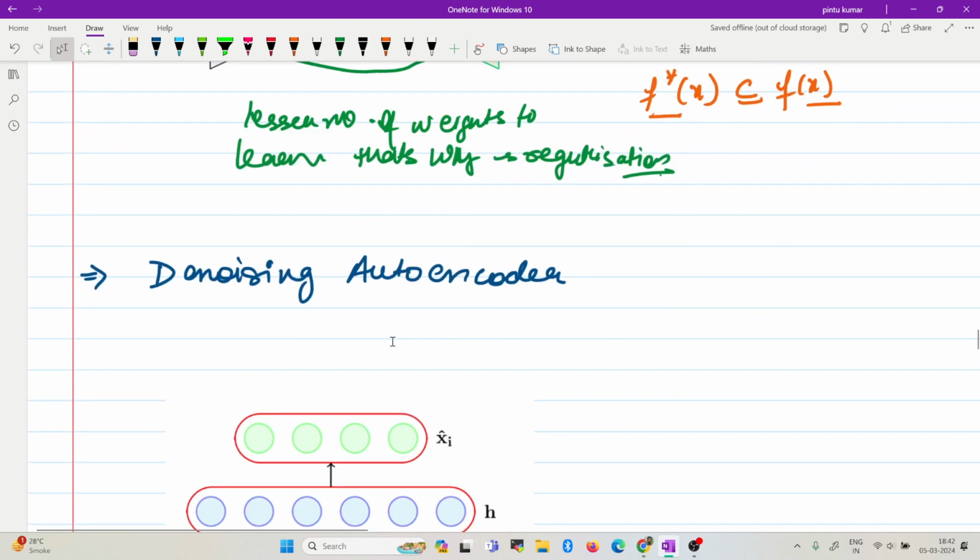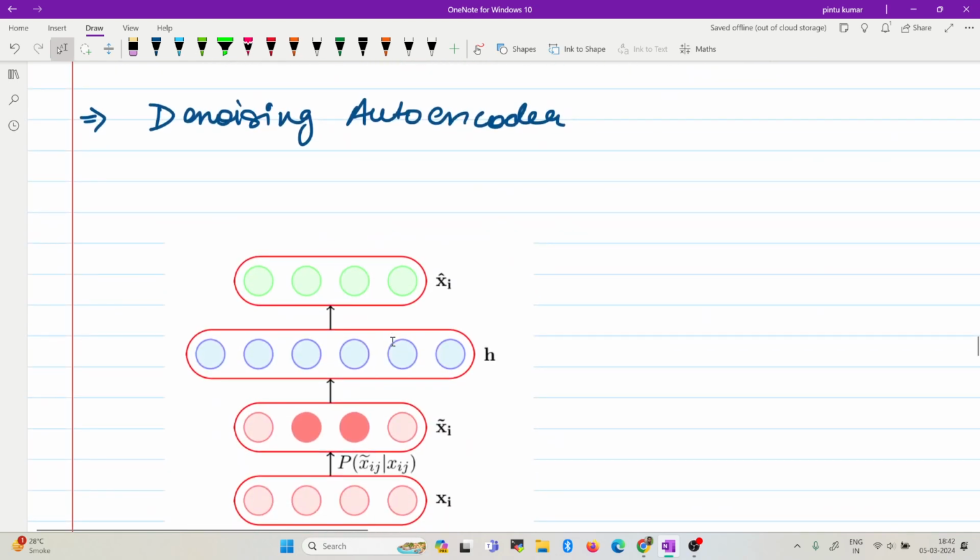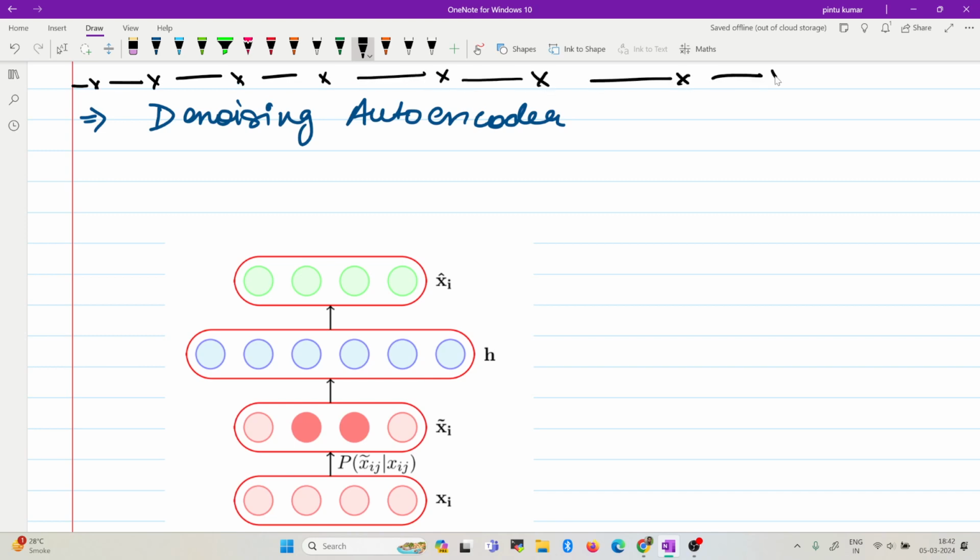Okay. So this is a regularization technique, but this is also quite common otherwise. This is something known as denoising autoencoders.